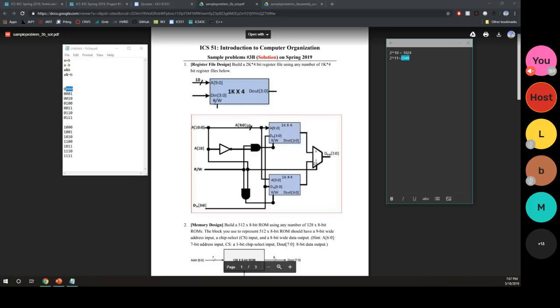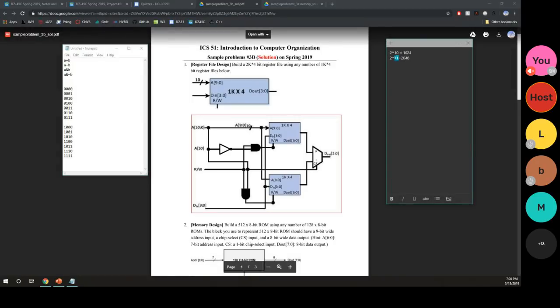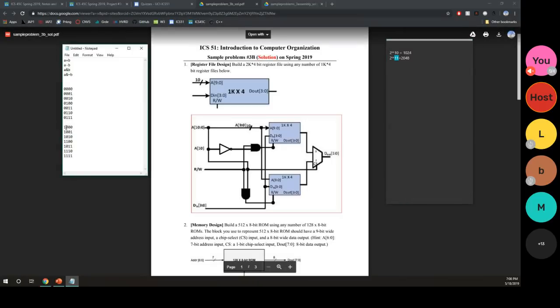Okay, so if we look over here, in order to make it double, all we have to do is add, this is the thing she did last lecture, Chris, we just have to add one more bit. Because now we're looking at a bit address, which is 10 to 0, because this is 11 bits. And because these 1K register files only take 10 bits instead of 11, we can just take that most significant bit, which differentiates between this group and this group.